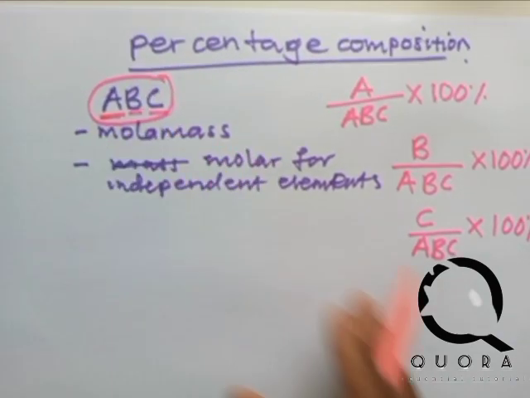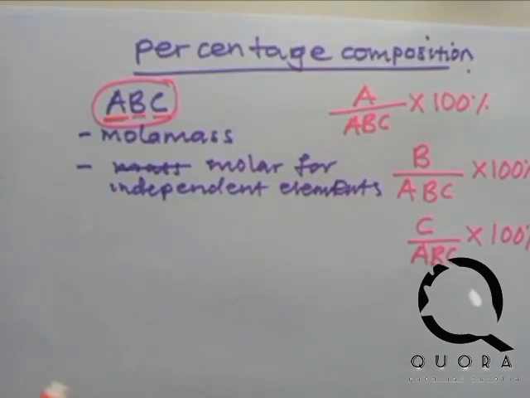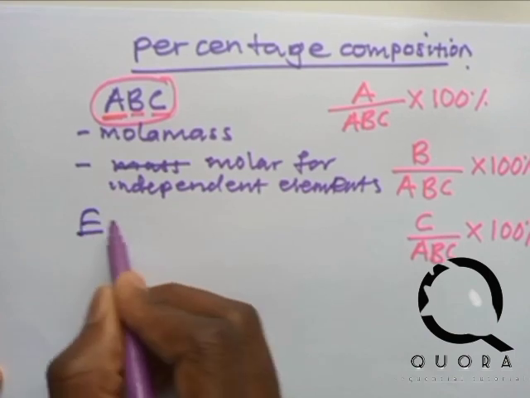So whenever they ask what is the percentage composition for this compound, you automatically have to know that you need to calculate the percentage for every element in the given compound.